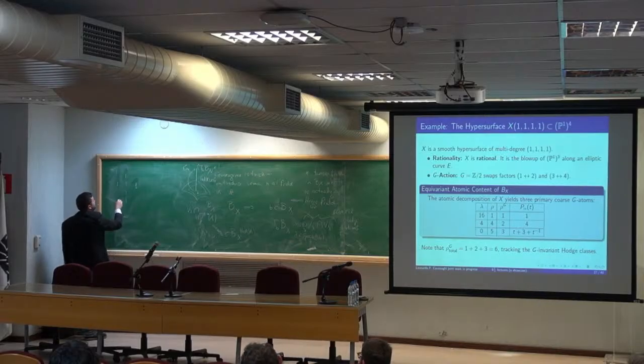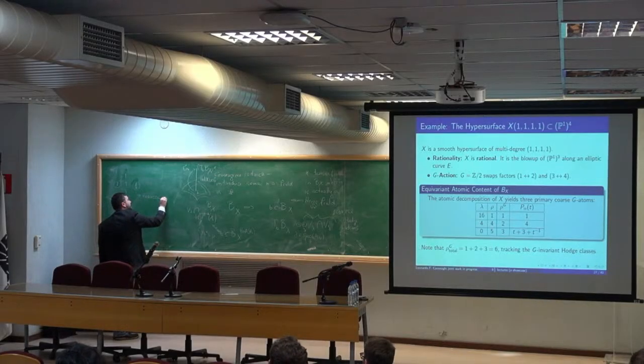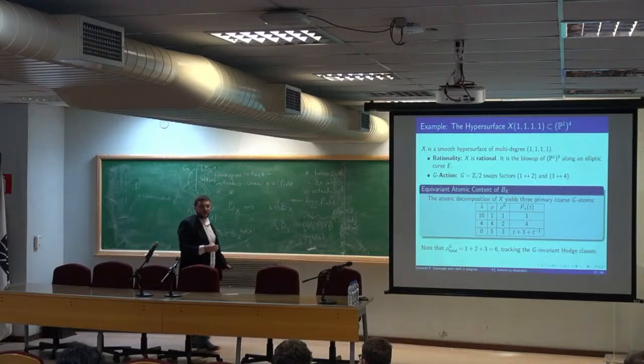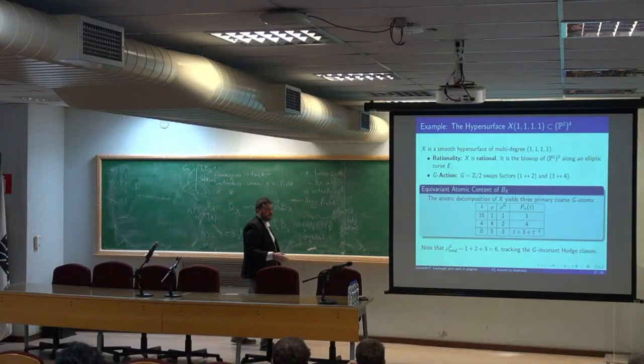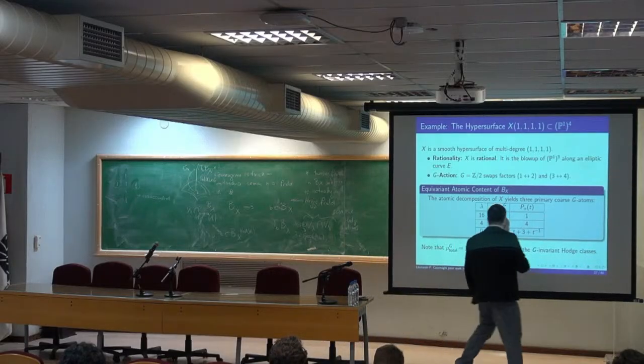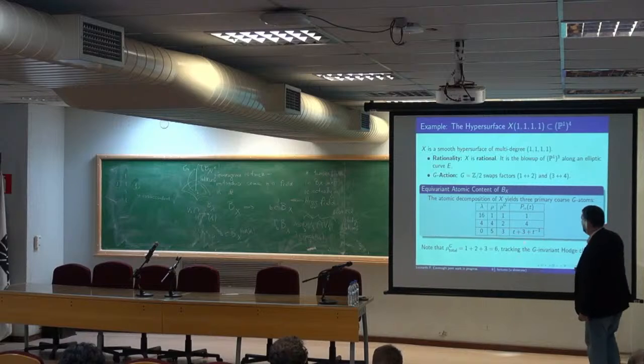So you know here that there are some classes that are transcendental. And they happen because they are blowing up P1 times P1 times P1 along an elliptic curve. So you know that the atom of the elliptic curve has to appear in this decomposition. And it appears here at 0 because you have no constant Hodge polynomial.